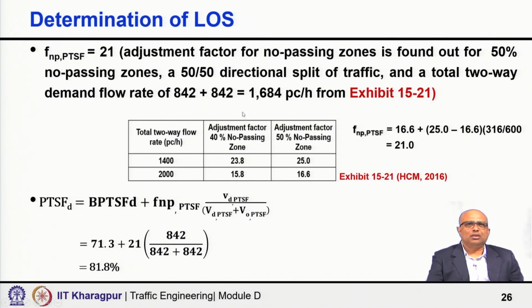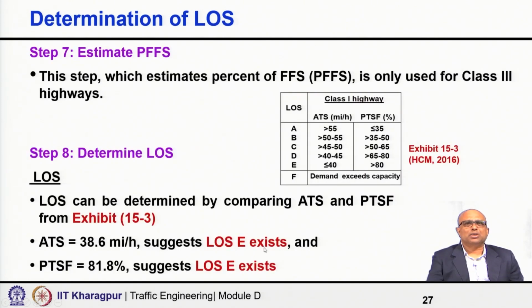Where did you get it from? Considering 50% no passing zone and a 50-50 split, and a total two-way flow of 1684. So, with a two-way flow of 1684 and 50% no passing zone, we interpolate between 1400 and 2000 two-way flow rates and calculate the value as 21. So now you get PTSF as 81.8%.